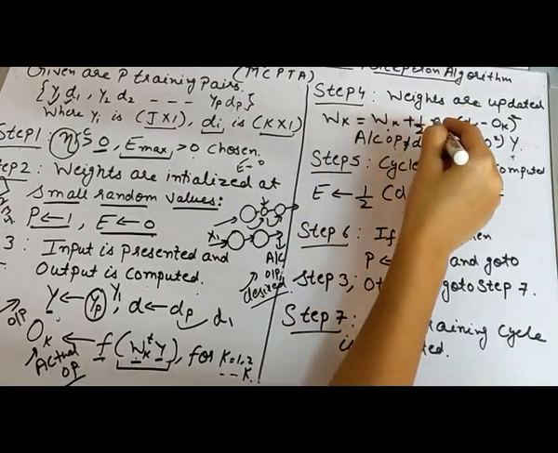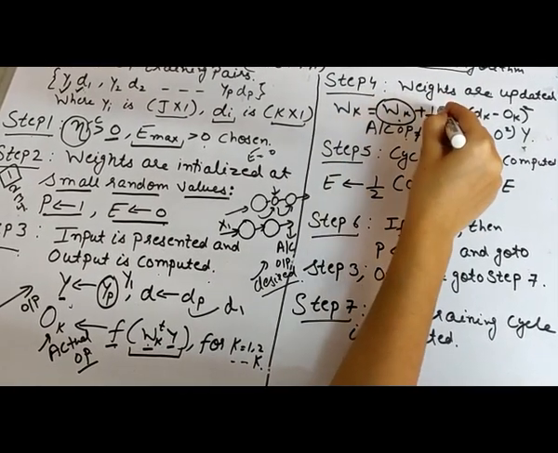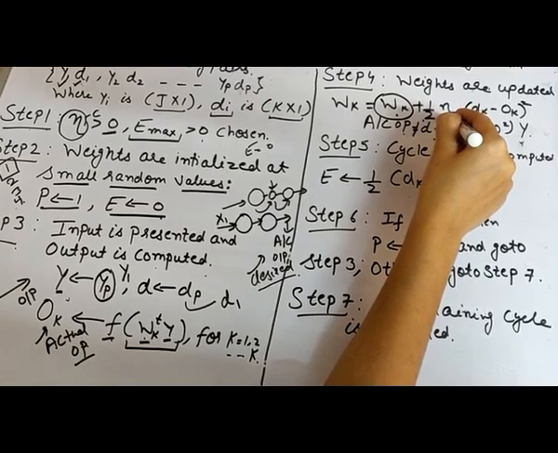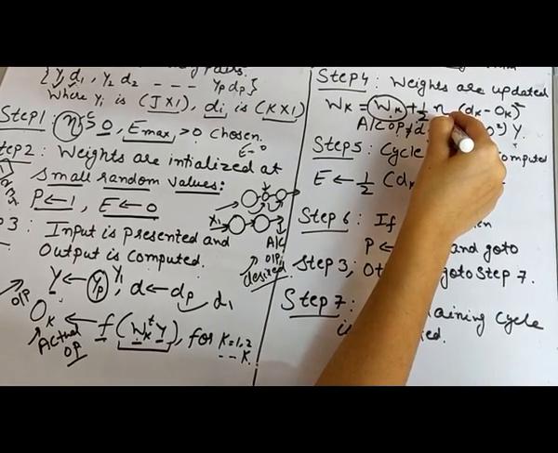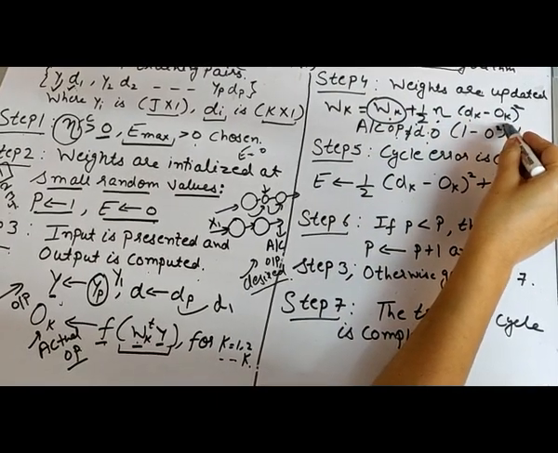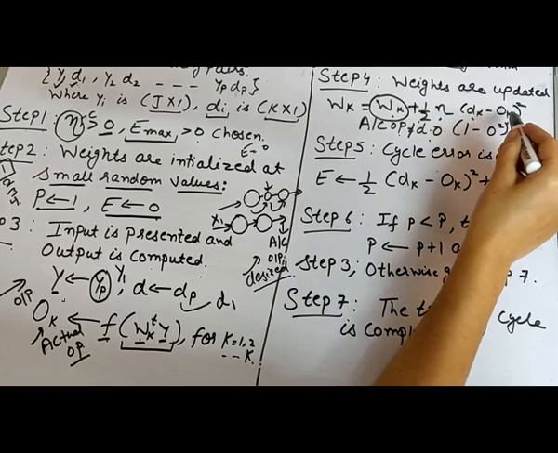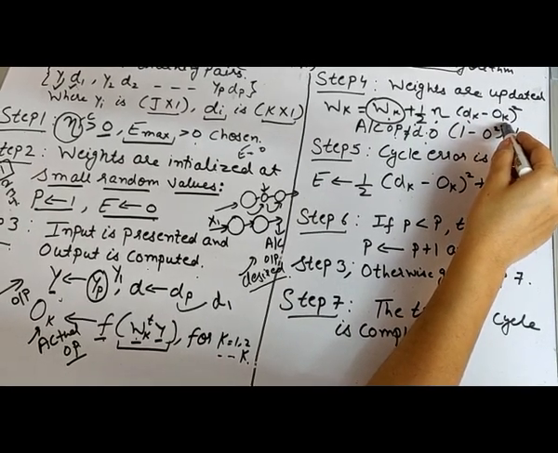The weight updation formula is the old weight plus half of the learning constant, which in the multi-layer concept, compared with the single layer concept, is eta this time, times d minus o whole square, which is desired output minus actual output, because you have to take care of the error which has been generated by the layer.